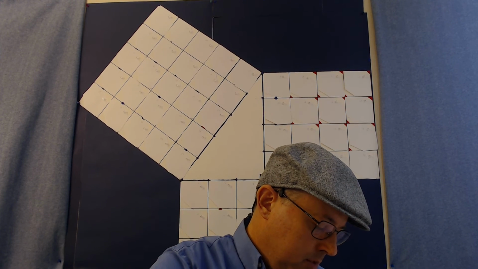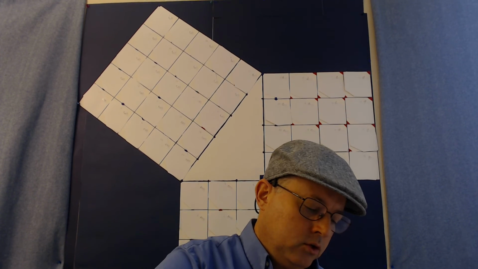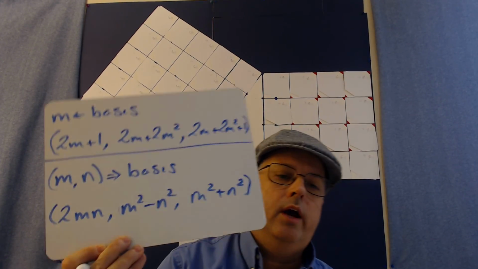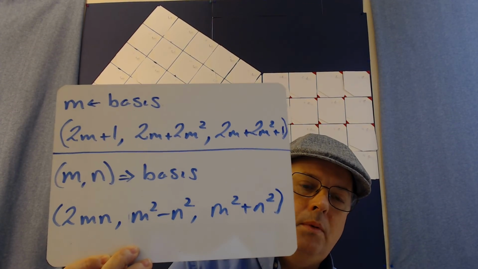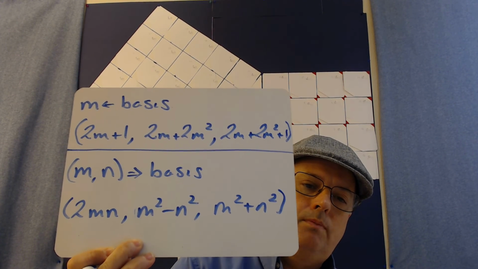And with those two values, we can manipulate them this way. 2mn, and then m squared minus n squared, and m squared plus n squared. And so now we have two formulas that generate Pythagorean triples. And so that's pretty cool.